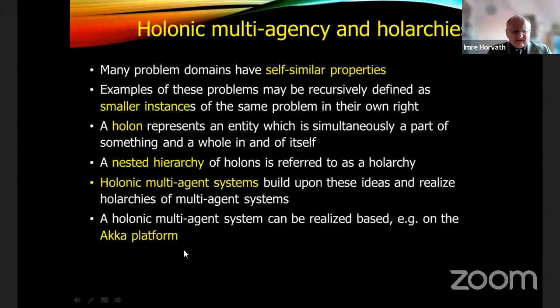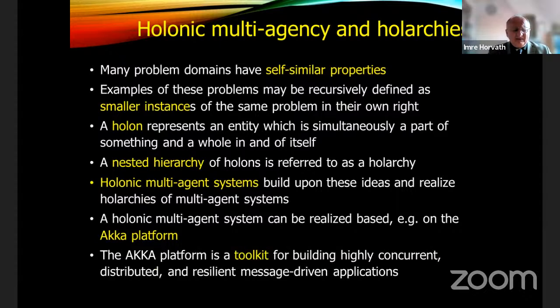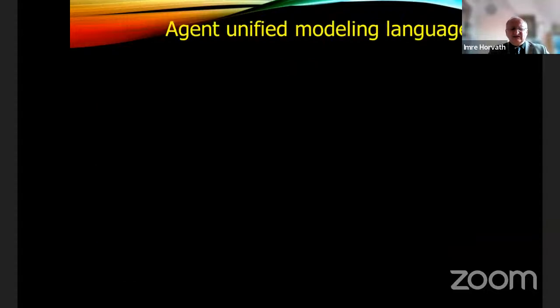And these types of systems can be realized, for instance, based on the Akka platform. If you type this in a search engine as a search pattern, you will get information about it very easily. The Akka platform is a toolkit in itself for building highly concurrent, distributed, and resilient message-driven multi-agent applications.